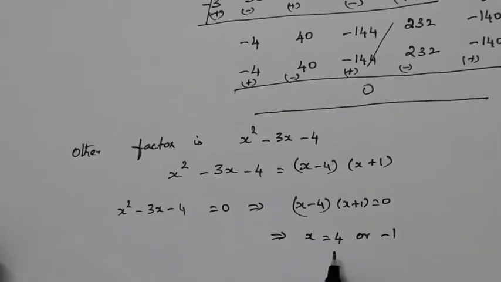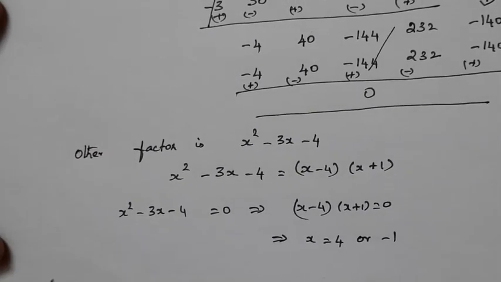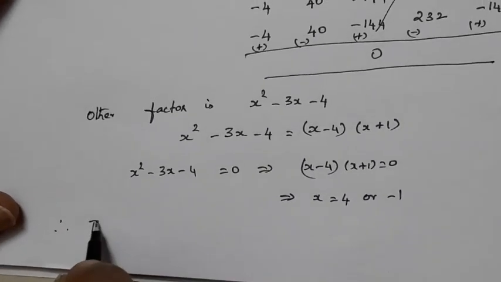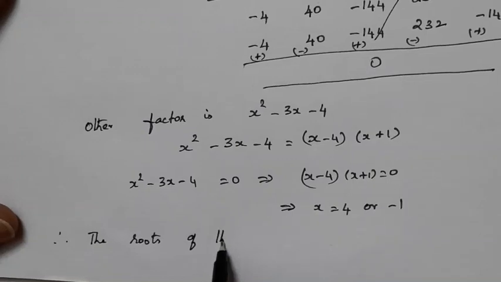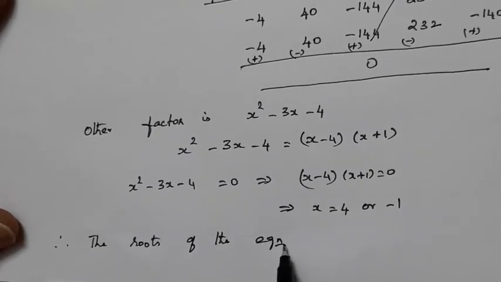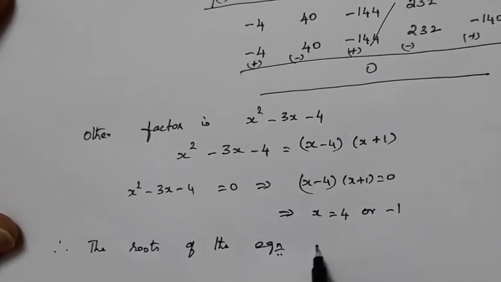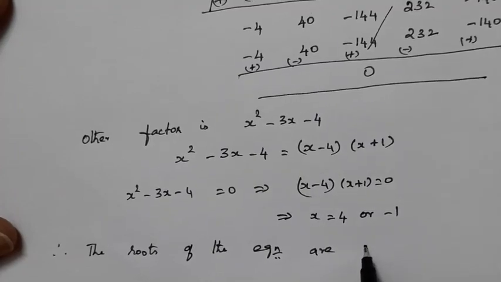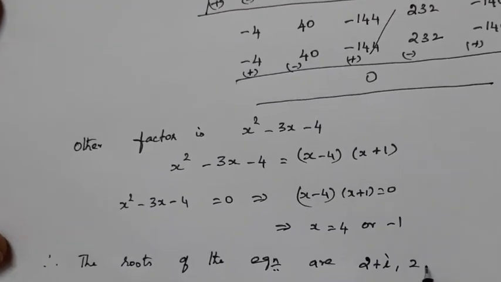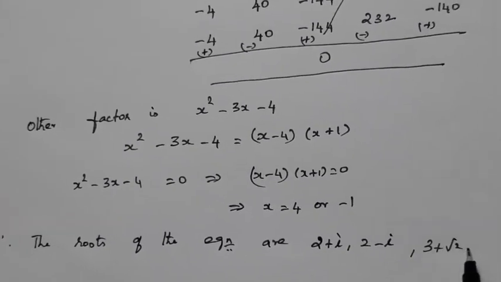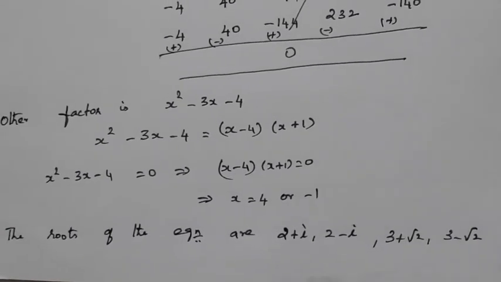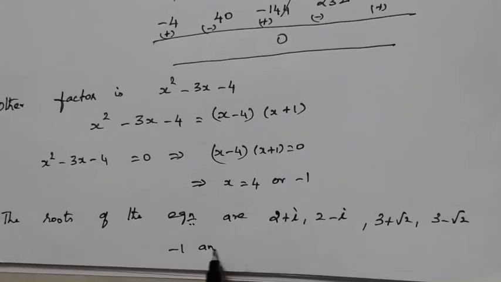So the other two roots are 4 and -1. Finally, what are the 6 roots of the equation? The roots of the equation are 2 + i, 2 - i, 3 + root 2, 3 - root 2, -1 and 4.